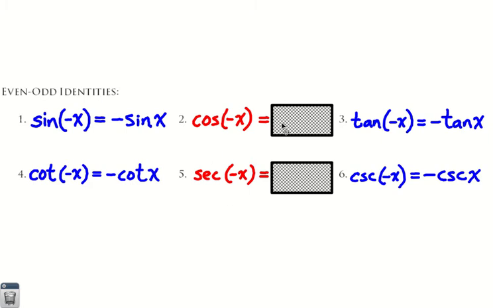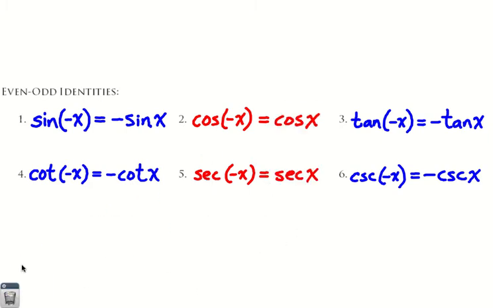With cosine and secant, it's a little different. Like the cosine of negative 30 degrees would be exactly equal to the cosine of positive 30 degrees. And we probably sort of investigated this last unit, at least a little bit.